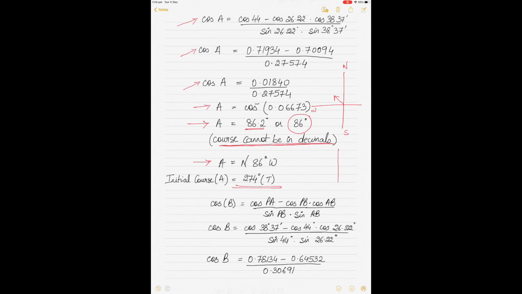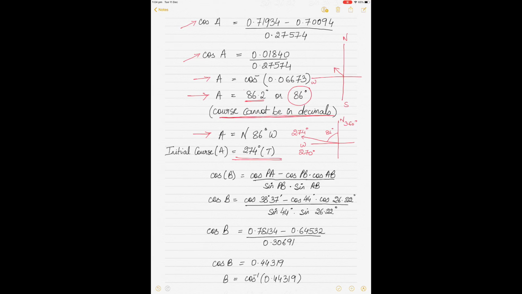North 86 degrees west will be measured here. Somewhere here is your 86 degrees, and if this is 270 and 360, this is about 274 degrees true. That's your initial course. But you got the quadrant right. Northwest is the quadrant. That's what you need to predict the position of the vertex.